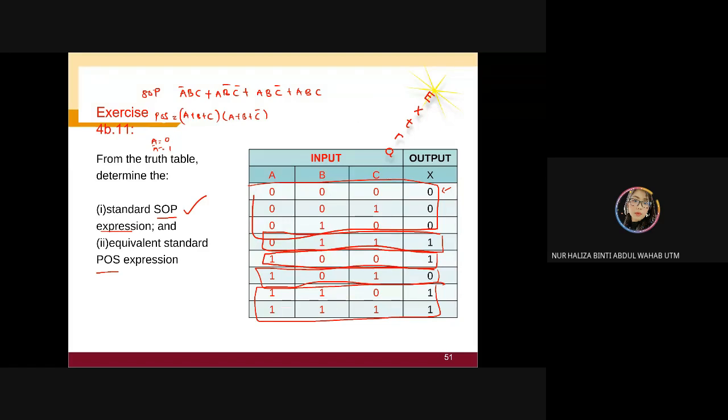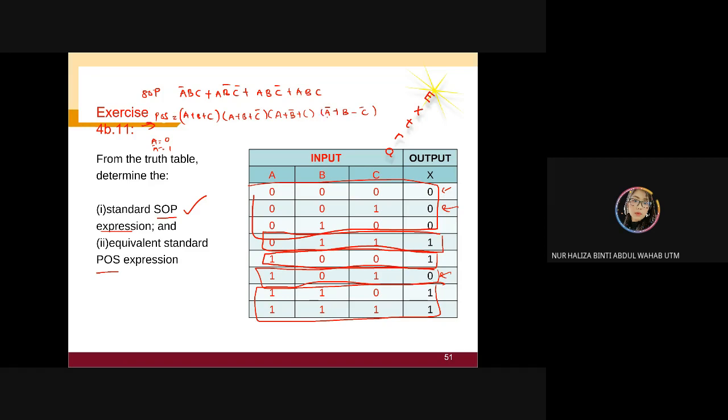Hello, sorry. Okay, now we have another one, POS. From here, just now I went until here only, right? So this will be my A plus B bar plus C. And lastly, I'm going to have my A bar plus B plus C bar.